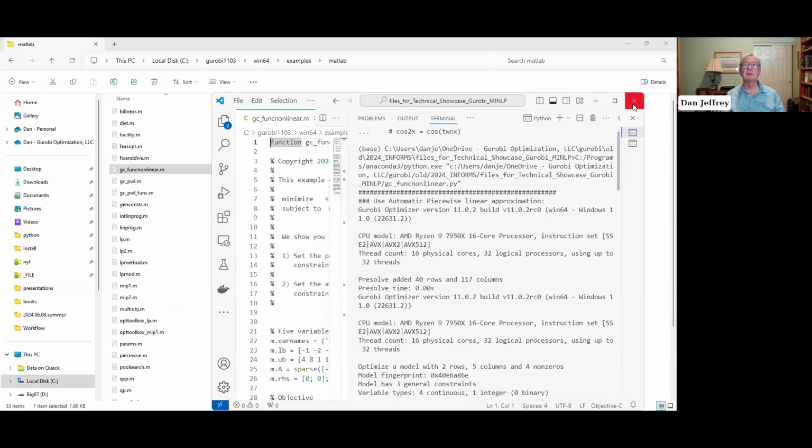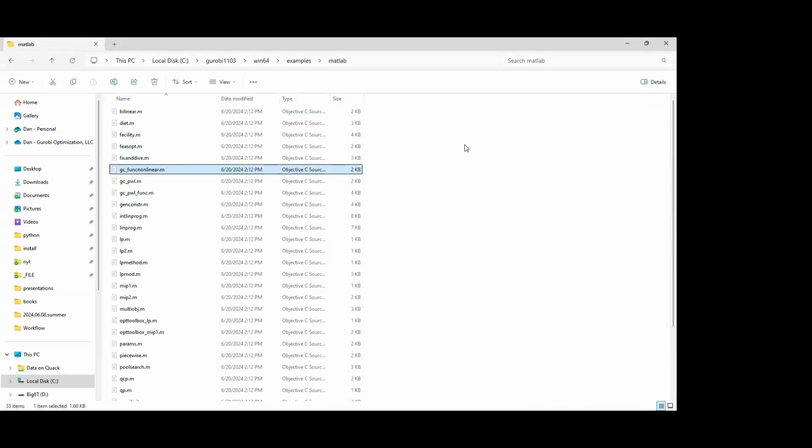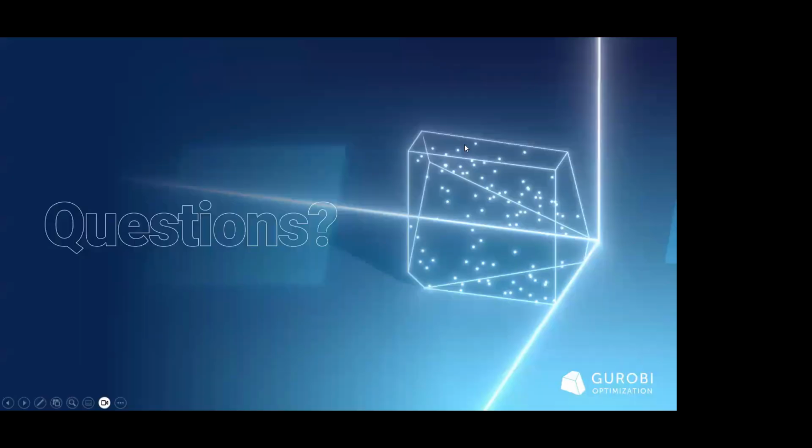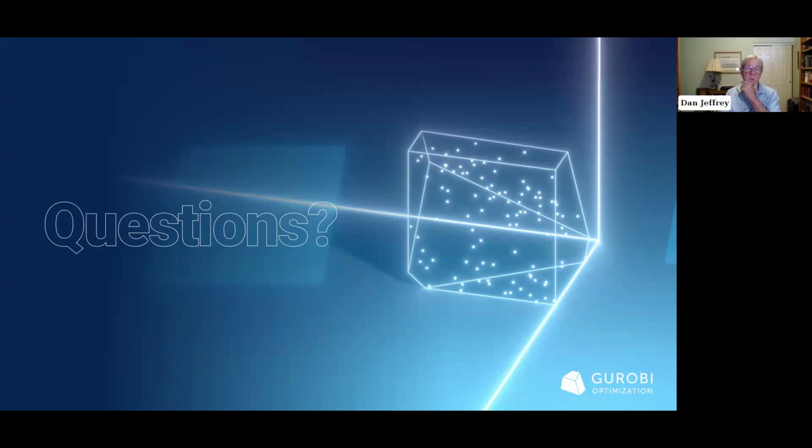Fantastic. Cool. We have another question that asks about callbacks. So if callbacks are handled any differently when using FuncNonlinear equals 1, for example, if a solution is found when solving a convex MINLP, if users can still add cuts or inject solutions. I would expect they can.